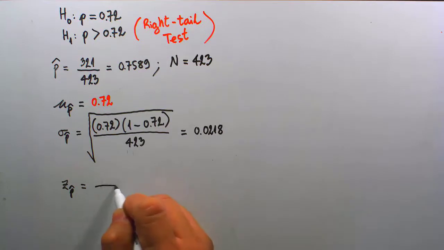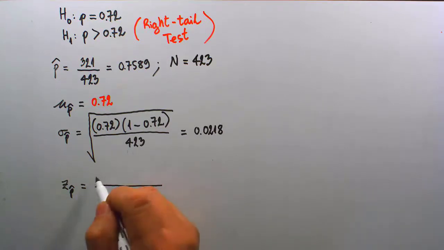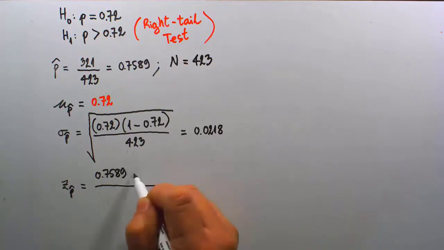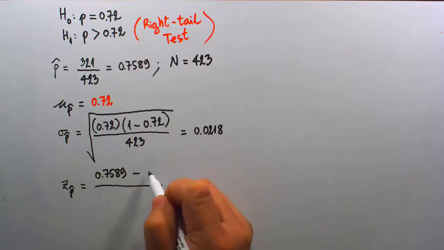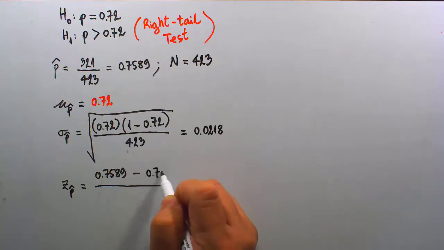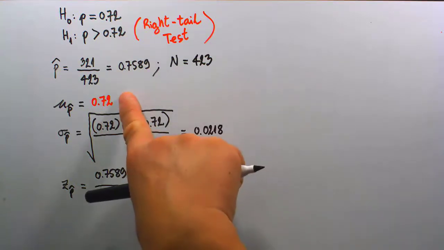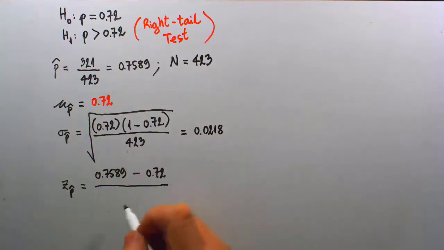The way to find the z-score: our value, 0.7589, subtract the center, 0.72, which is our currently found mu p hat, and divide that by the sigma p hat value, so 0.0218 goes into the denominator.